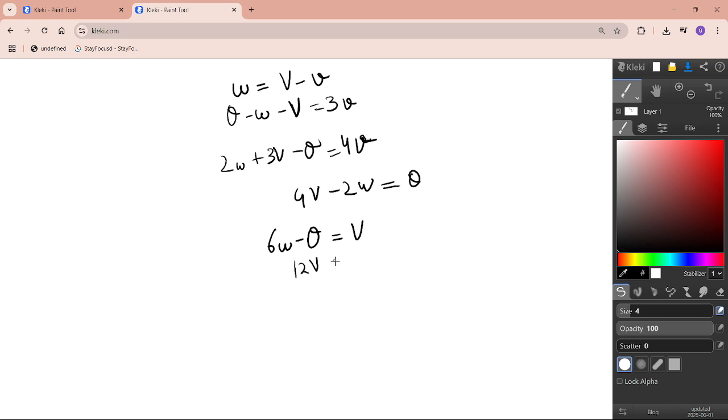So 12V minus Q is equal to 3Q minus 3Q plus V. Of course we are adding, so 3Q plus V, and that goes there, it becomes 11V.